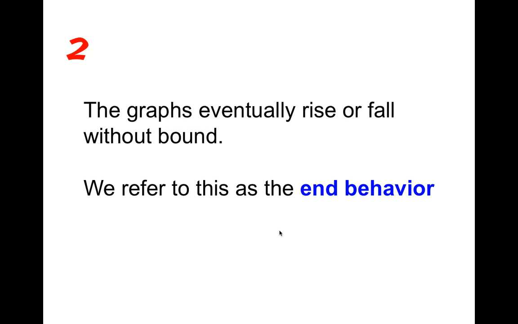Now, we need to get a little more specific about what they look like, and one of the best ways we have of describing these graphs is to look at the way they behave at the end of the graph. The cool thing is that polynomials will always have end behavior that continues without limit. They either rise or they fall on the edges of these polynomials.